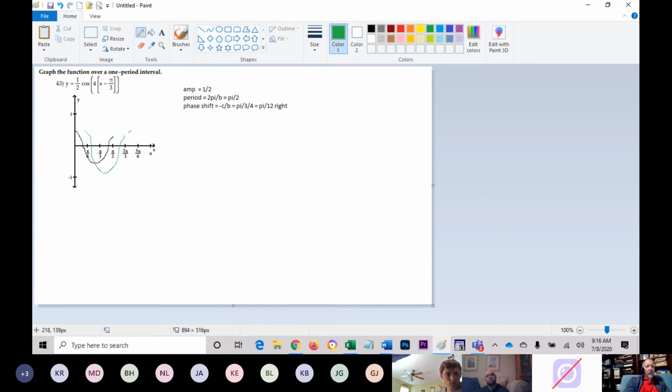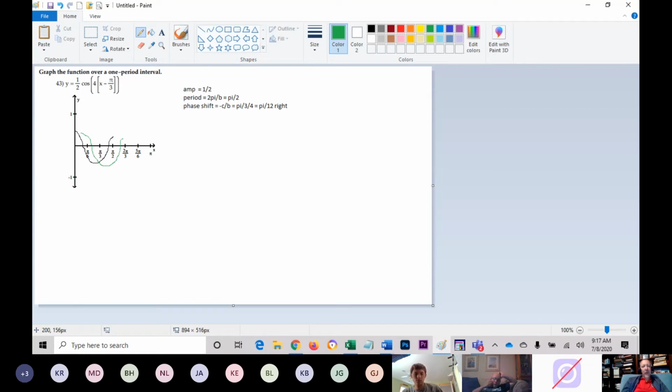I didn't quite end it there. I don't know that it goes all the way to there, but that's pretty close. Except I went way too deep because it should stop here. Let me try that again, because I got to remember it's only 1/2. Okay, so we're going to start with a little shift over. It's going to look something like that.